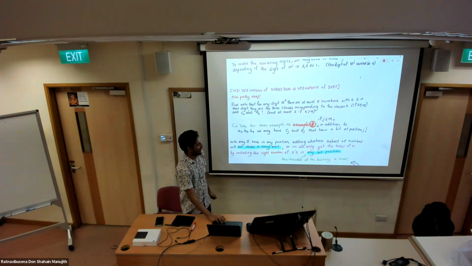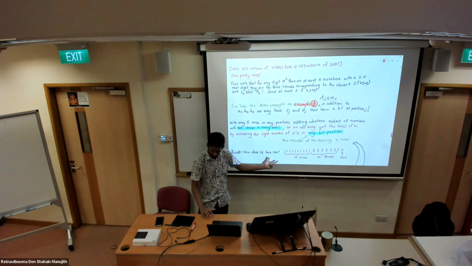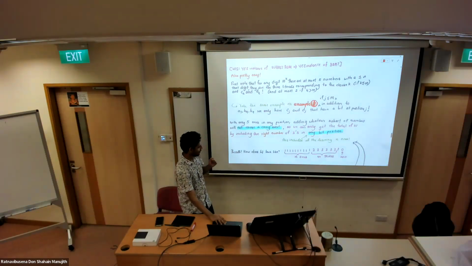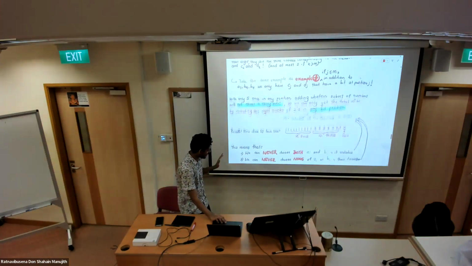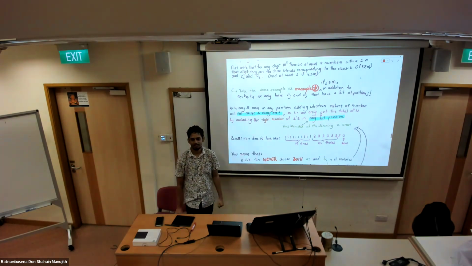Right. Okay, so now how does W look like? You have n ones in the first n positions and n threes in the last m positions and 0 at the end, right? This means that we can never choose both Ai and Bi. Why can't we choose both Ai and Bi?